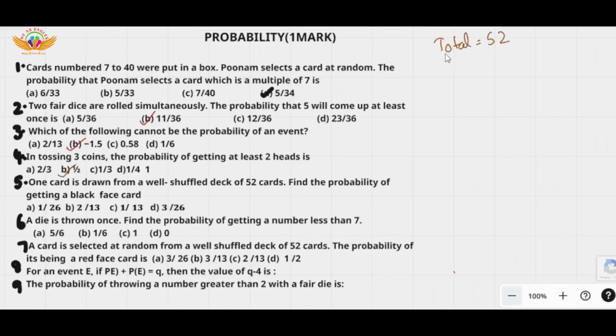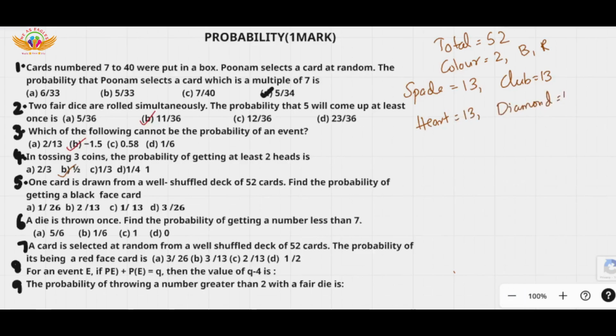In this total of 52, we have two colors, black and red. In this also we have spade, 13 cards, club, 13, heart, 13, and diamond, 13.